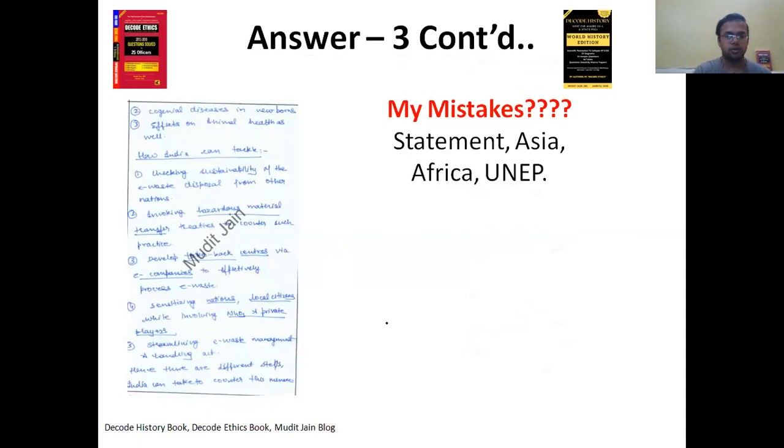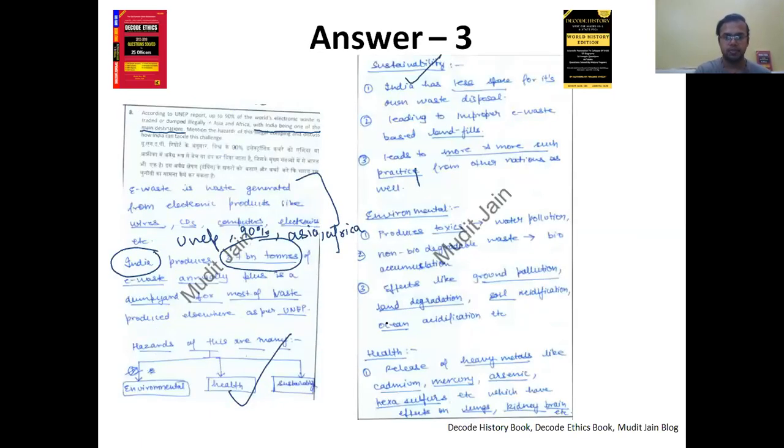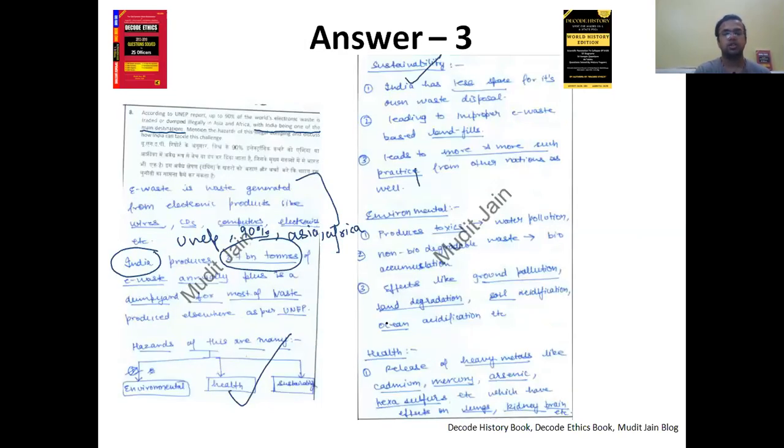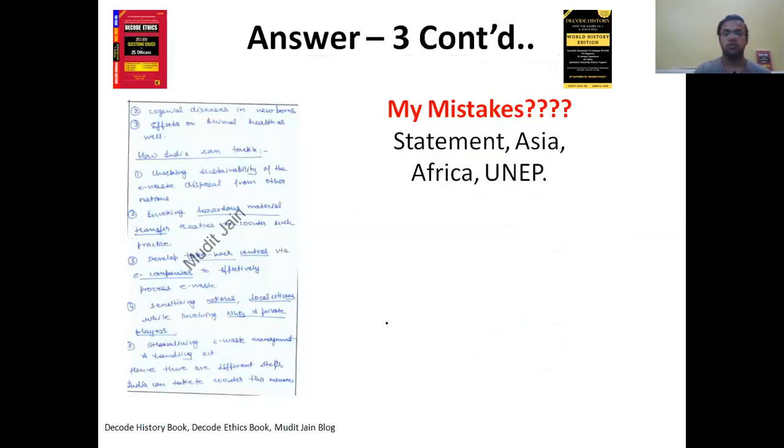So overall, there are 5 plus 3 plus 3 is 9, and 5, 14 points, diagram, facts, reports, but then I have missed the statement part of it. So even if you think that you have attempted the question very well, this is the learning that these unknown things happen while attempting the answer, and this is where you tend to lose marks.